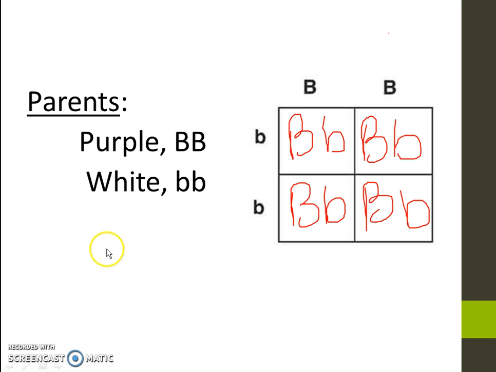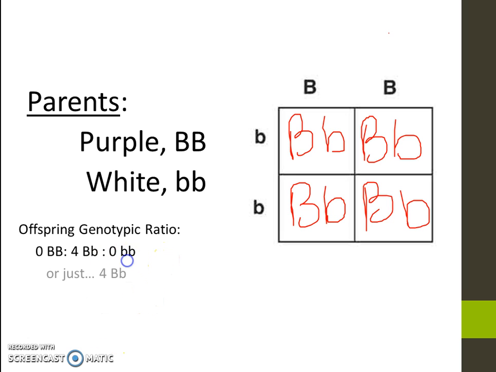So what we can do is then say what the offspring genotypic ratio ends up being. In this case, it's easy. There are no homozygous dominant. All four are heterozygous, and none of them are homozygous recessive. So, or you can just say 4 heterozygous.